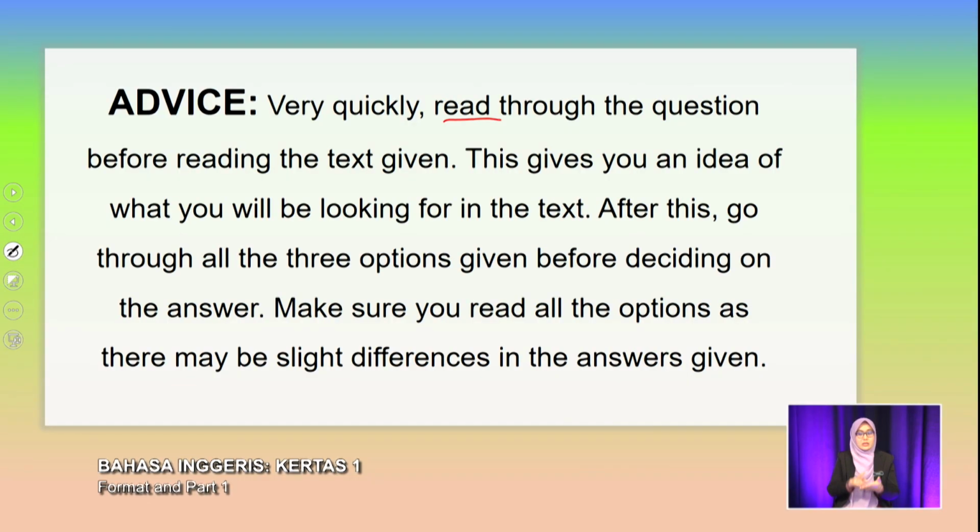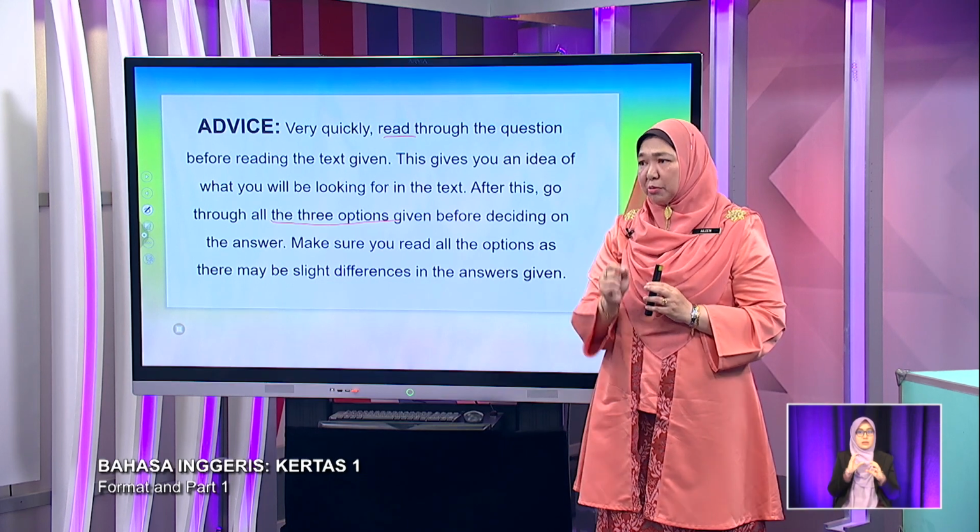Number 2, go through all the options. There are 3 options, so you have to go through all the options before you decide on the correct answer. My advice to you is that you have to read all the options.